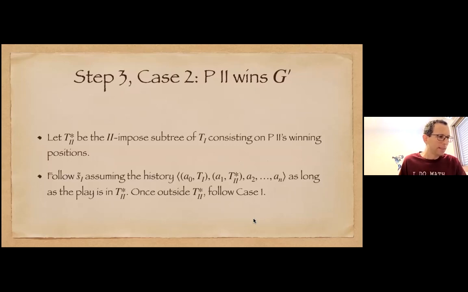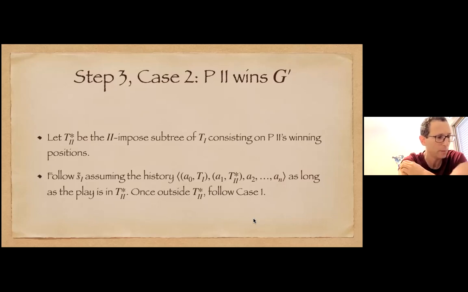Now, a slightly more difficult case, the case where player 2 wins the game. So, let's consider T star, the pruned subtree of T1 that consists of all the winning positions of player 2 in the game G prime.